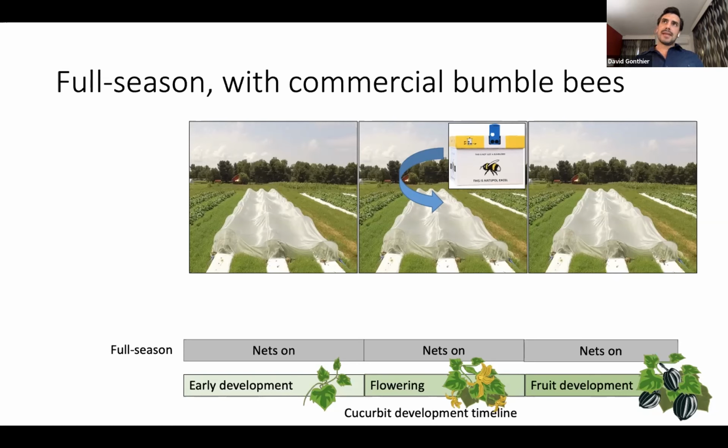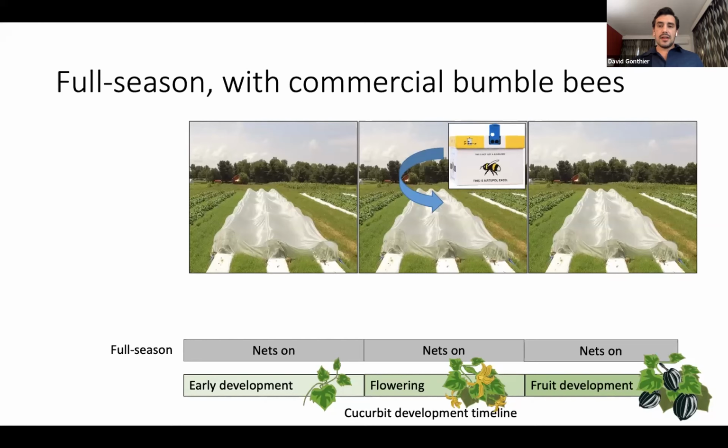We're at least, most of the time, at medium-sized tunnels. It's still unclear exactly how large of a tunnel one colony can provide pollination to.